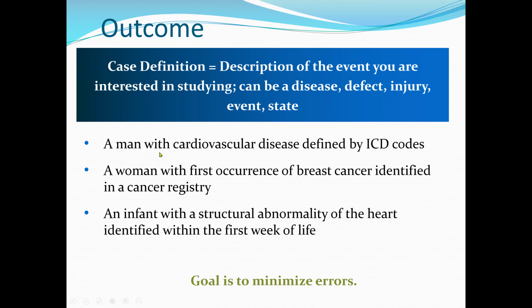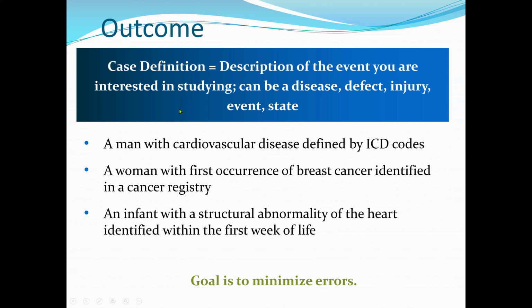So the outcome, here we say the case definition will equal the description of the event you are interested in studying. And this can be a disease, a defect, injury, event, or a state. So this is just terminology we should know. A case definition is the description of the event you are interested in studying.